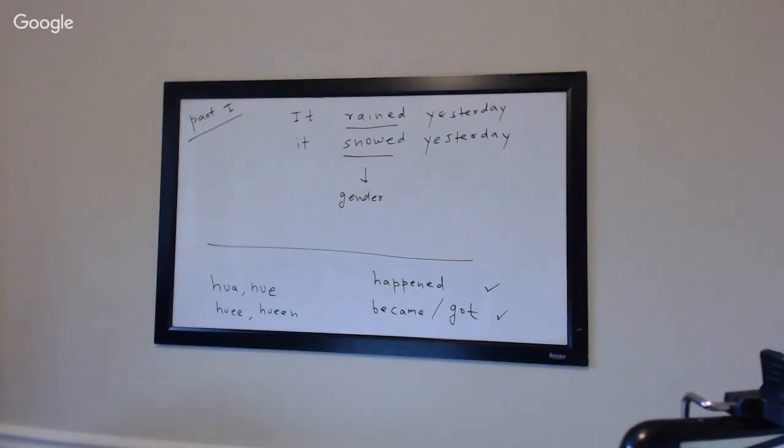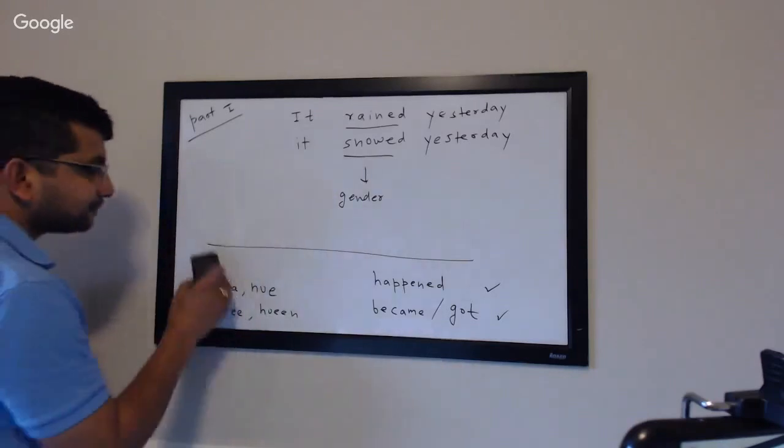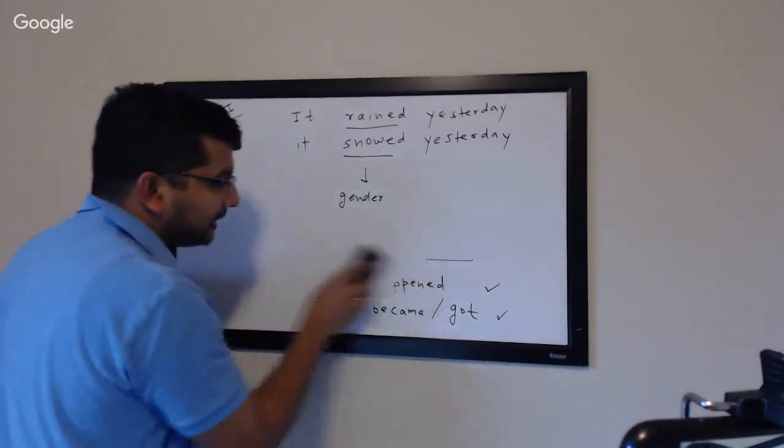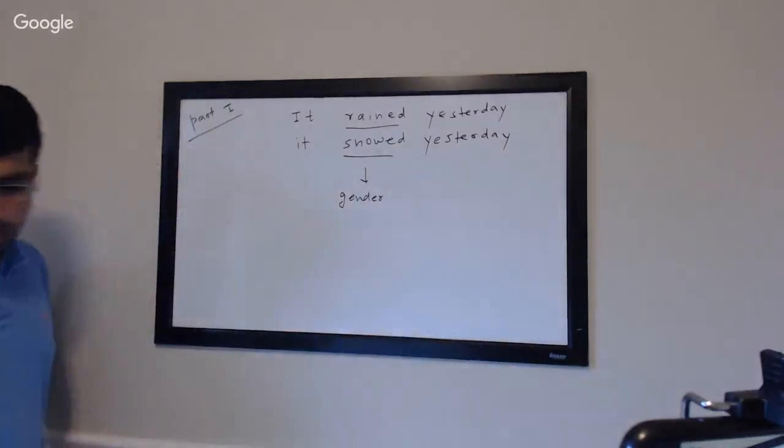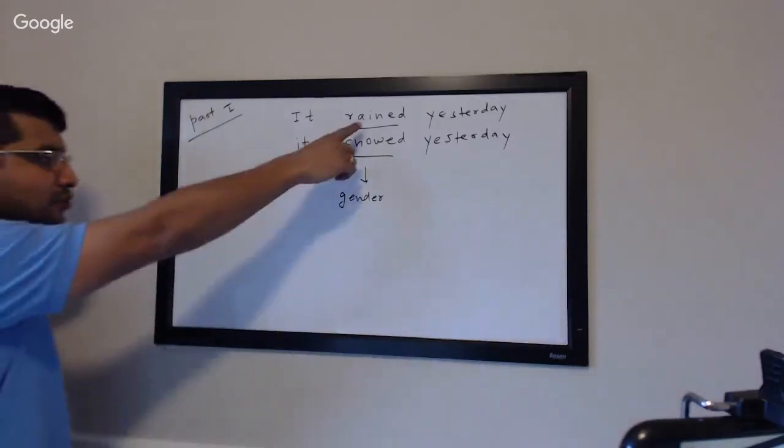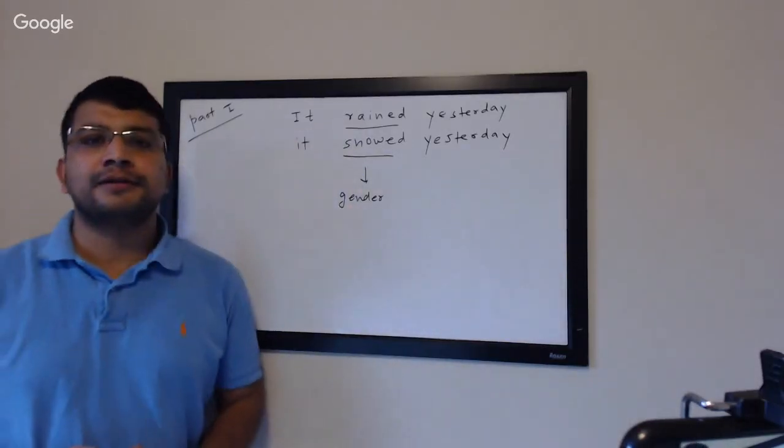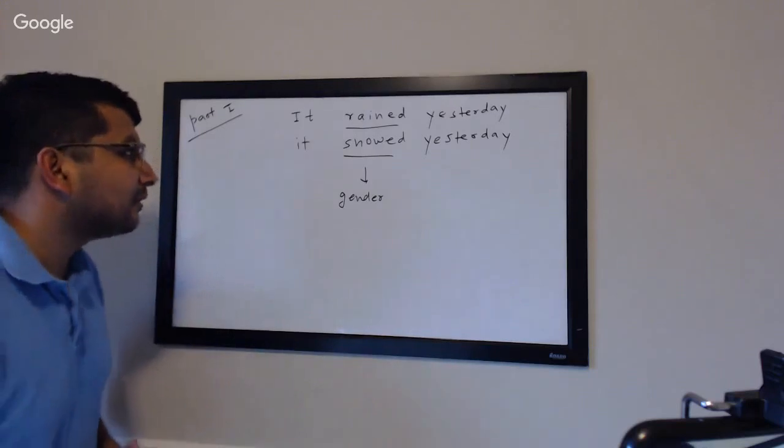Okay, no questions. Good. So for those of you who've been to the class, you should be able to see how to use hua to convert these sentences into Hindi. And if you don't know, there are formulas to figure out whether rain is masculine or feminine.